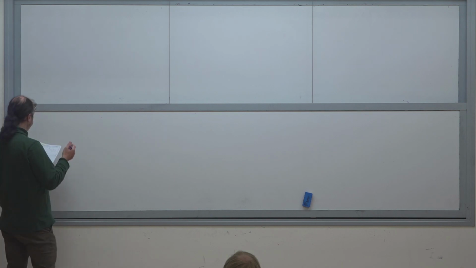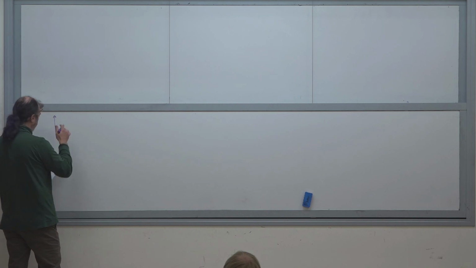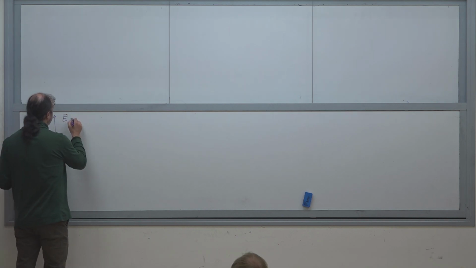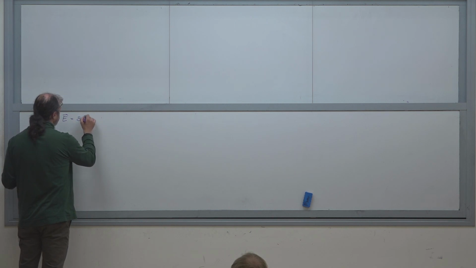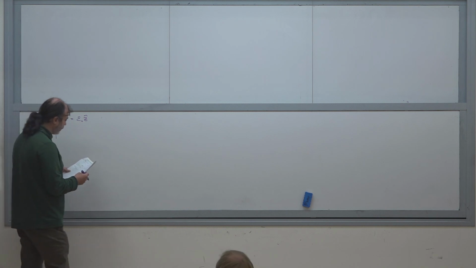So the electric field, right? We can take a uniform electric field that goes in some direction, Z. So it's a uniform field, and I put the atom inside.